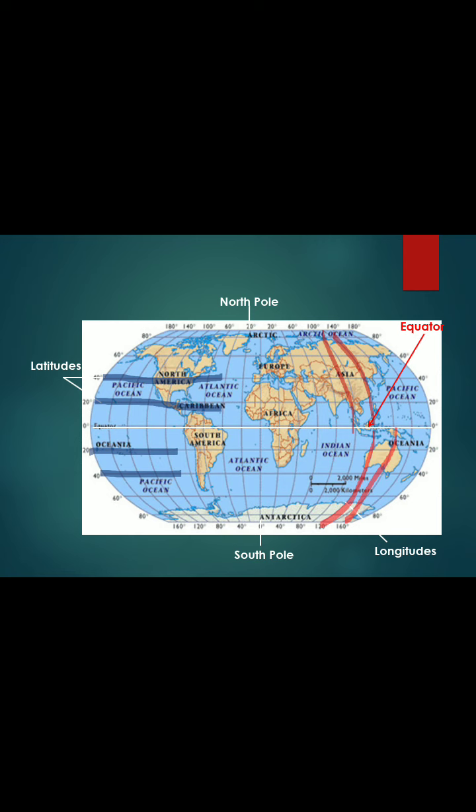So this is the northern hemisphere and this one is the southern hemisphere. So this is towards the north of the equator, and what is the equator? This middle line, this one. This is the equator, this line, right? So this is the North Pole and this is the South Pole. I hope it is clear to you, everyone.